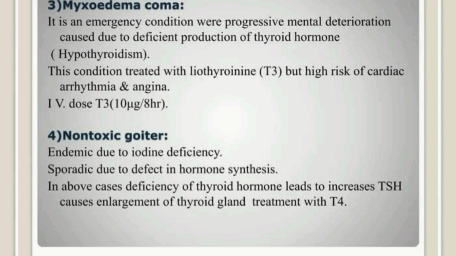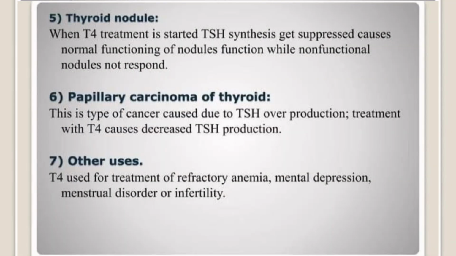Then non-toxic goiter. It is endemic due to iodine deficiency and sporadic due to defect in hormone synthesis. In the above cases, deficiency of thyroid hormone leads to an increase in thyroid stimulating hormone that causes enlargement of the thyroid gland. Treatment is with T4. Thyroid nodule.